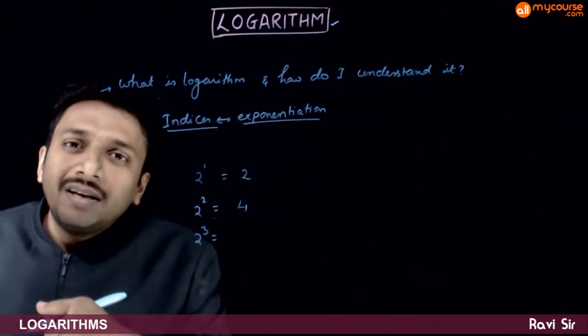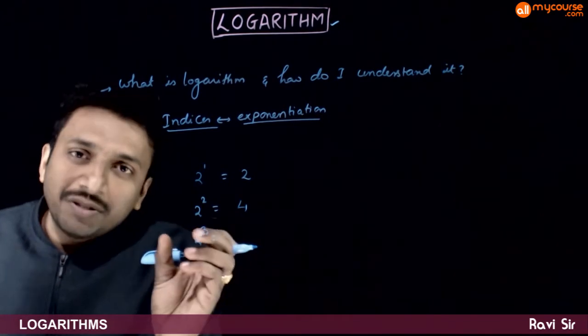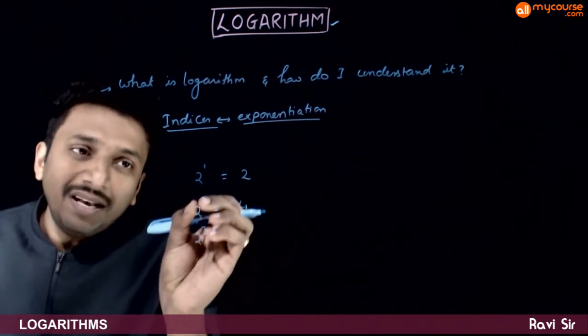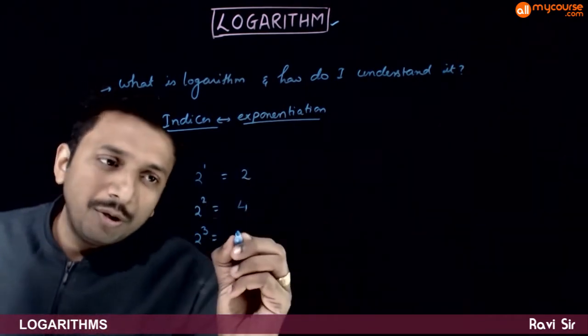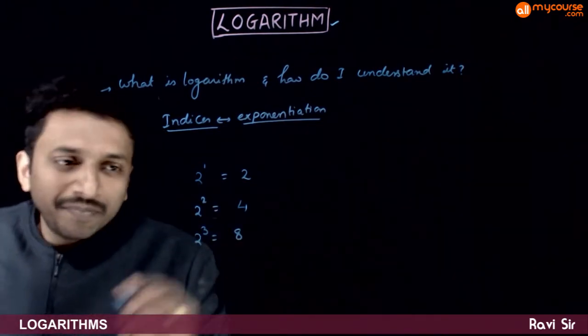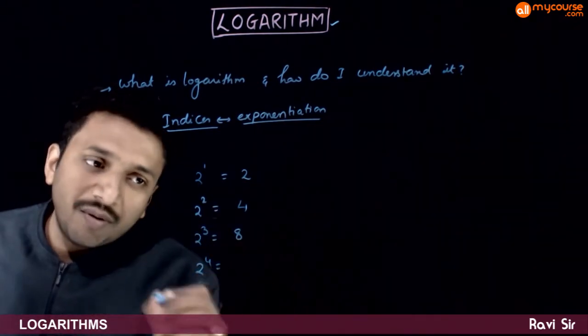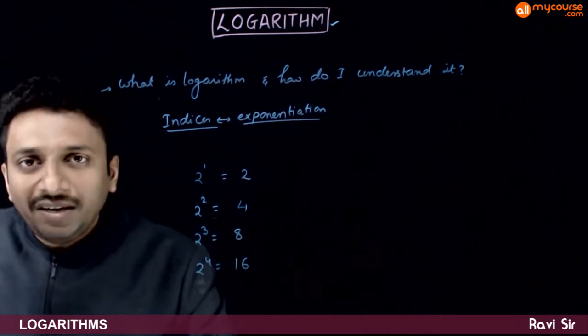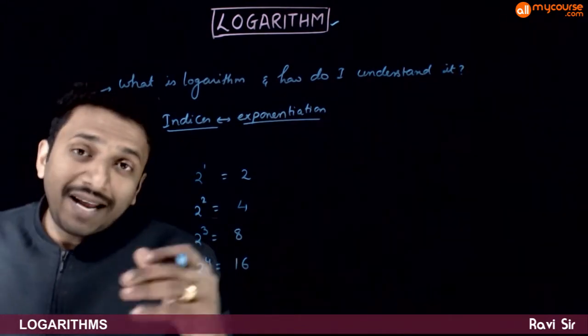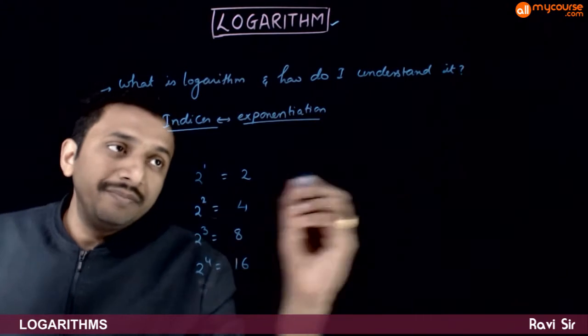I'll write some equations in indices. So 2 cube is equal to 8, right? 2 power 4 is equal to 16, right? Similarly, I'll write some powers of 5 also.